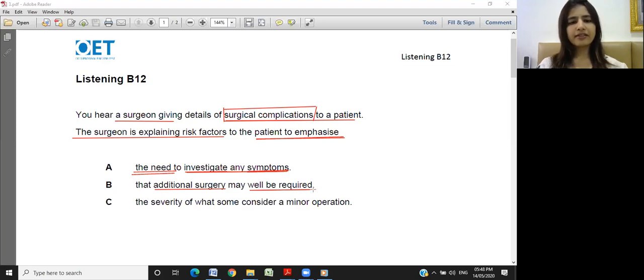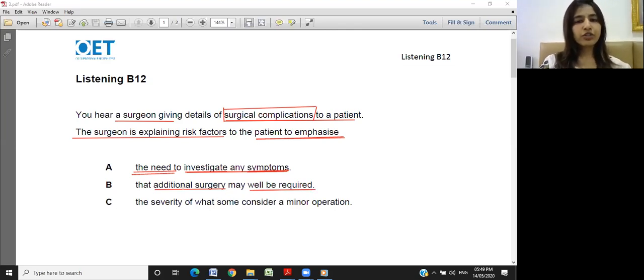So considering the patient's current symptoms, the doctor might be telling them that, considering your current situation, there are very high chances. "May well be required" tells that the chances are high that they may need additional operation.